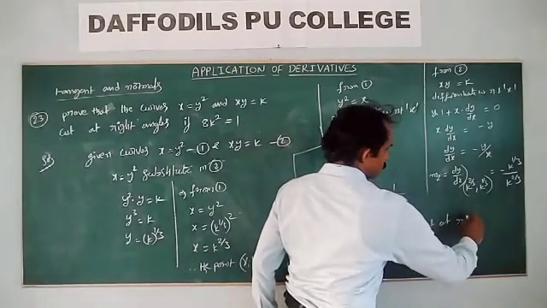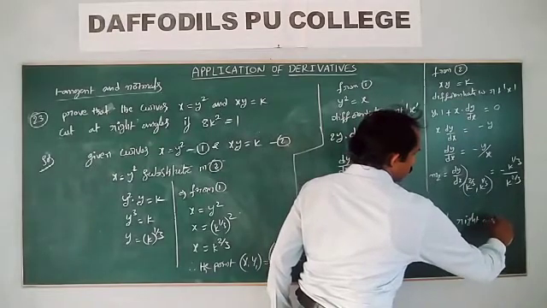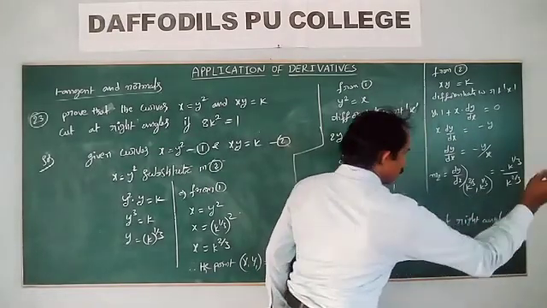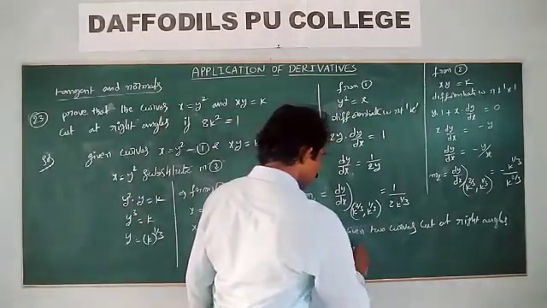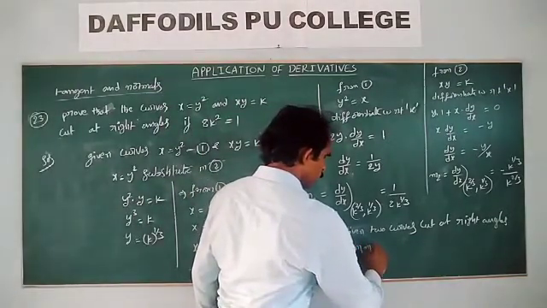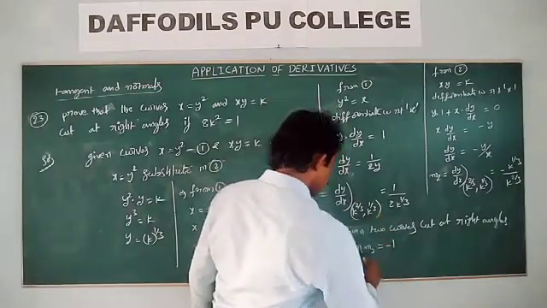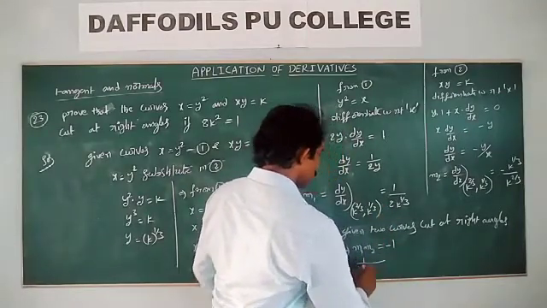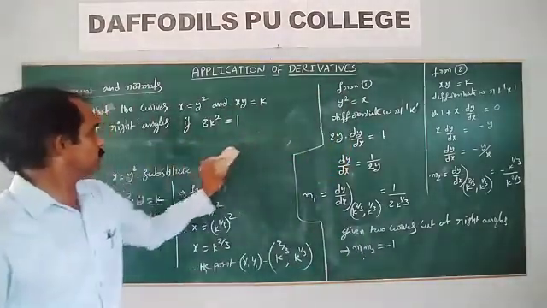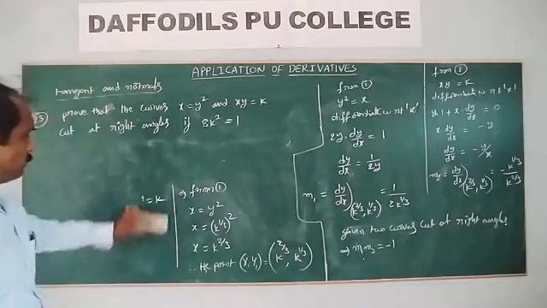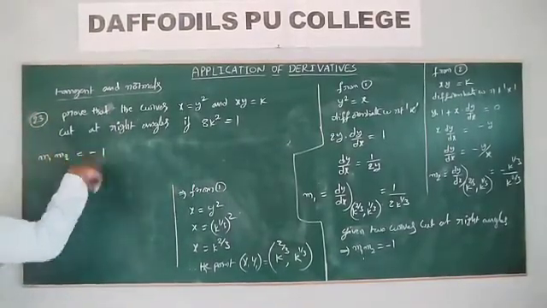So the product of their slopes, m1 into m2, is equal to minus 1.